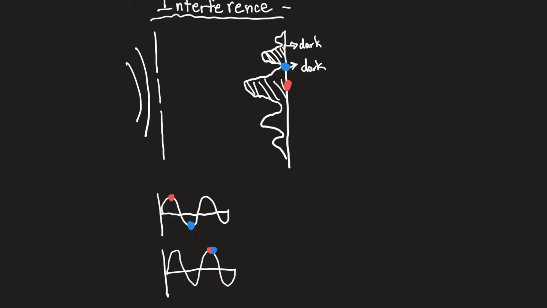And we can describe all of this physics by assuming that light is actually a little bit complicated. That light is a combination of particles and waves. So light has a dual nature. Light is both a particle and a wave.